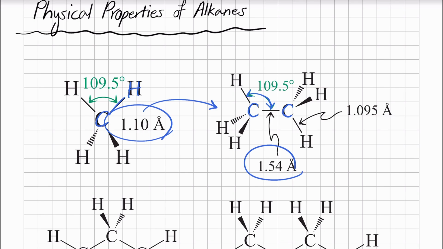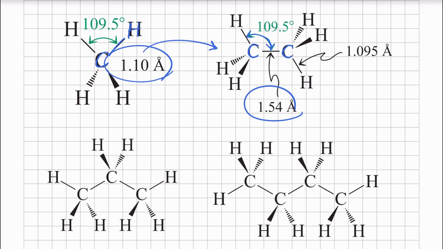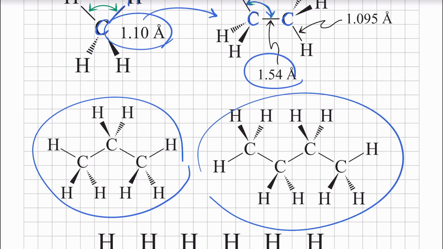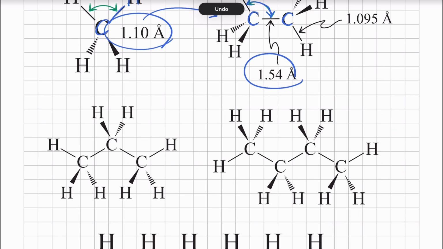Actually, this bond length would somehow remain still when the chain of the alkane gets longer, when more number of carbons are connected together and they form an alkane. Okay, so let's go. Here you can see another molecule and another one, but with 3 and 4 carbons.